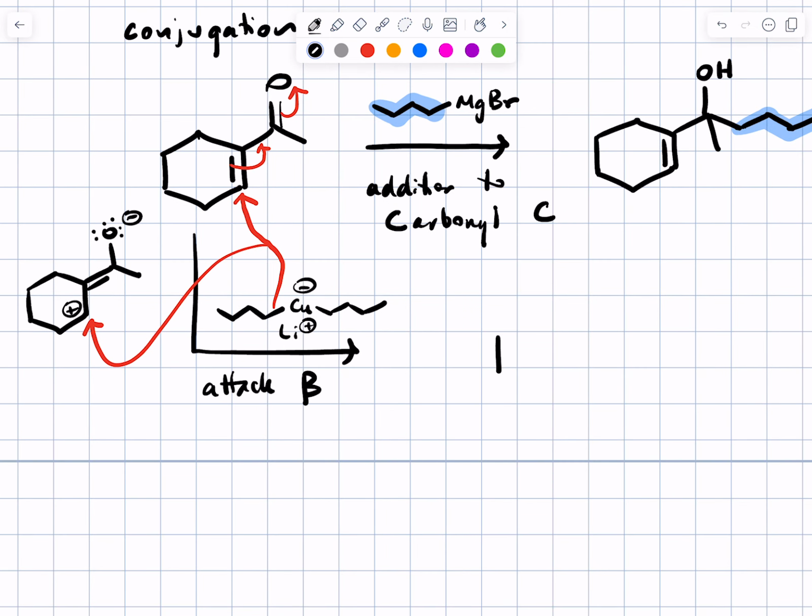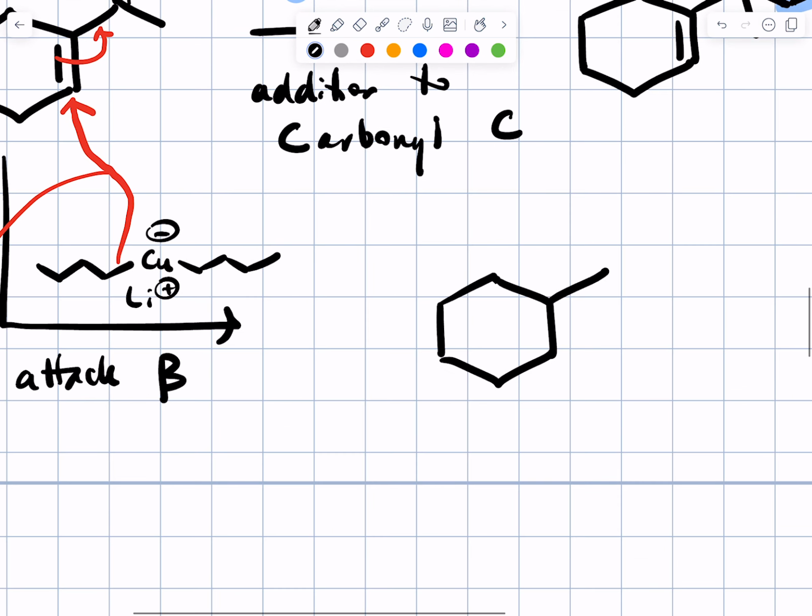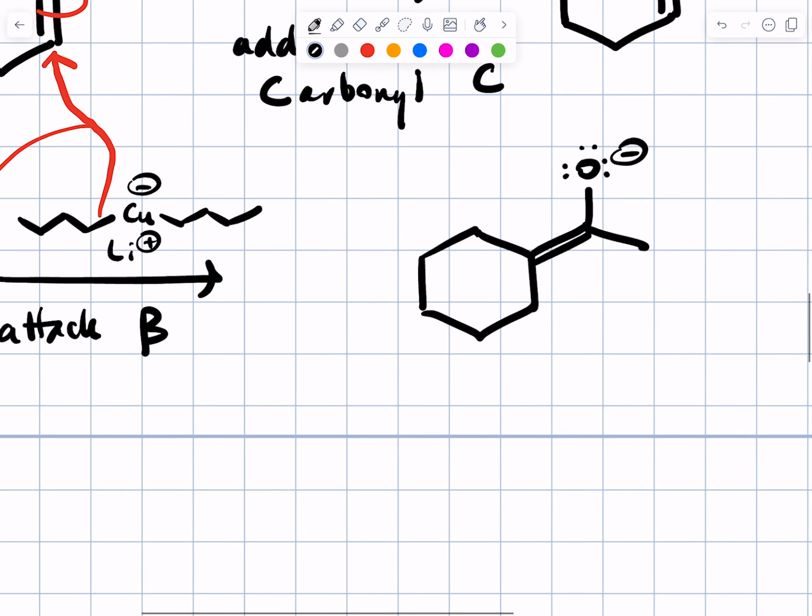What this does is it creates a new bond between the carbon of your cuprate reagent and the beta carbon of your alpha beta unsaturated carbonyl compound. So here's the new bond.